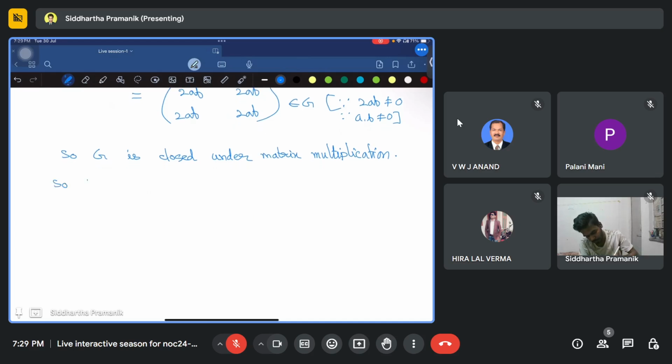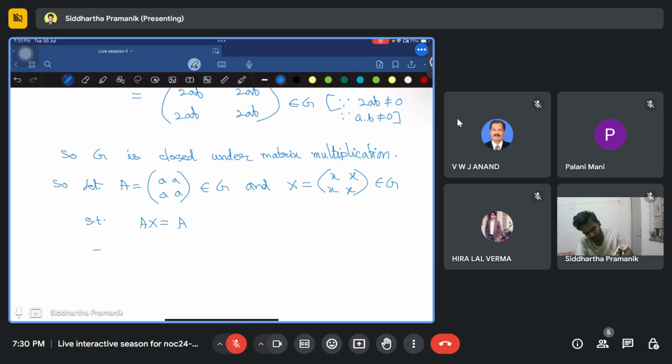So let A be an arbitrary element in G, and assume X equals this element, which is also in G, such that AX equals A itself.